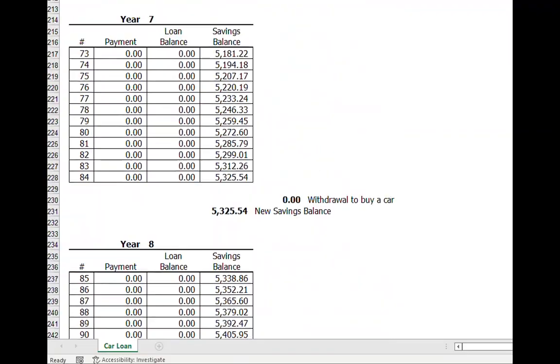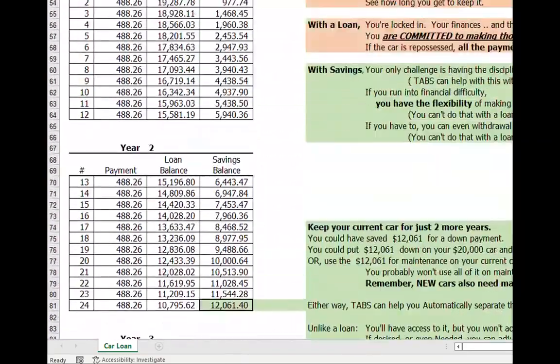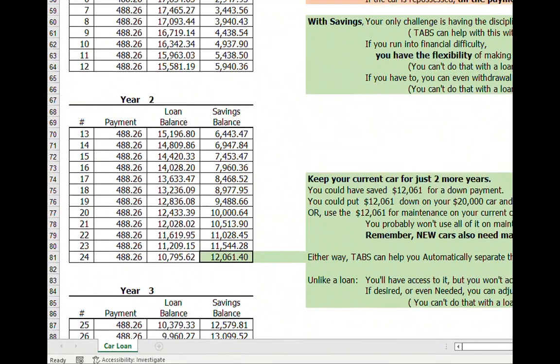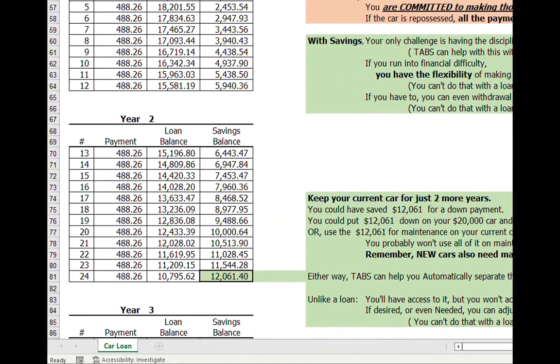Suppose you decide to get a new car after just 2 years. You could take that $12,000 saved and add it to the down payment. Now you only need an $8,000 loan.